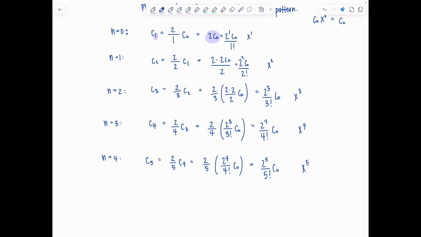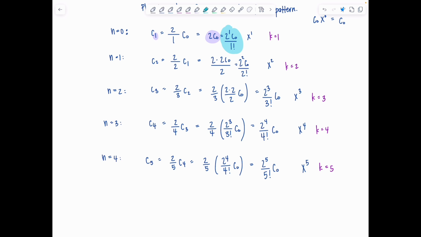Now here's the thing. I'm going to try to write out a rule for these coefficients. But since I've already used up n's over here, I'm going to write a rule using k. K will be my index of summation. So here we go. This is going to match with k equaling 1, k equaling 2, k equaling 3, etc. Good?